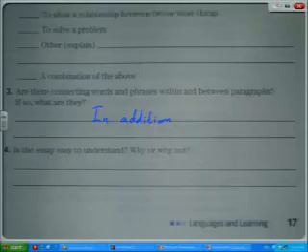Kind of forgot. Another one was furthermore. And for example, etc.